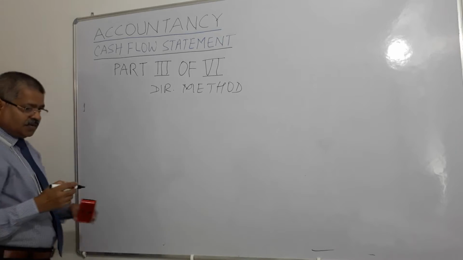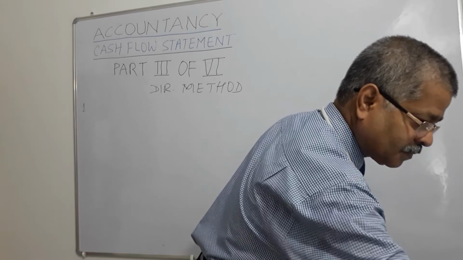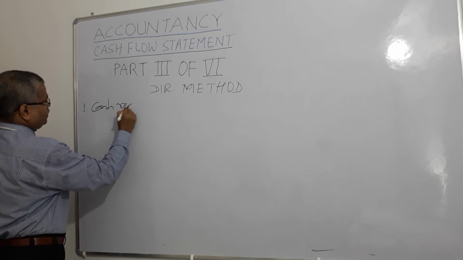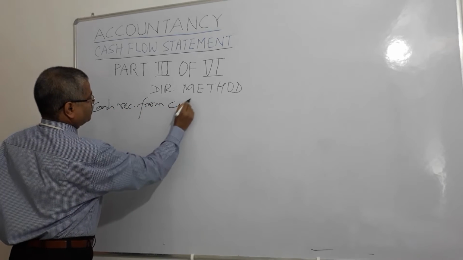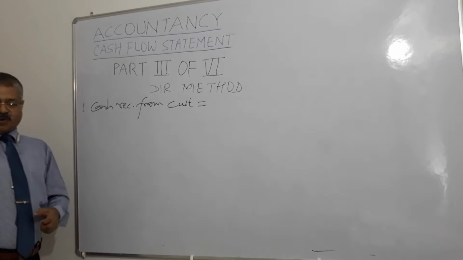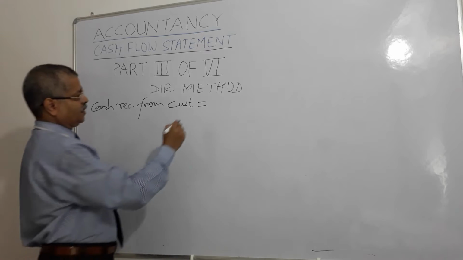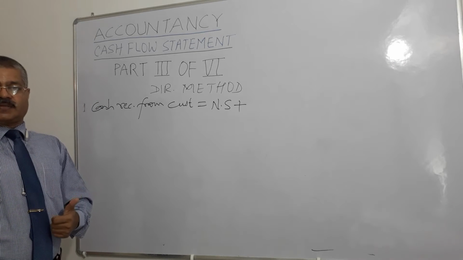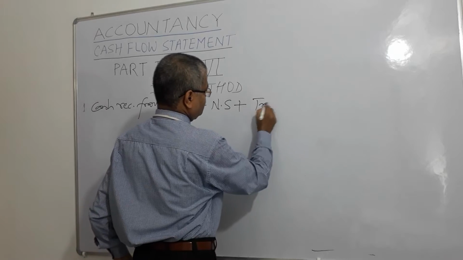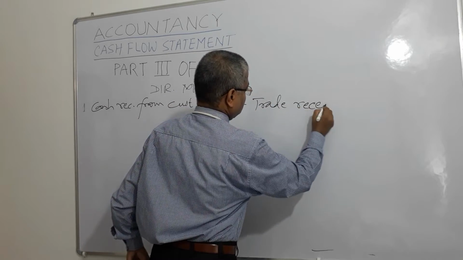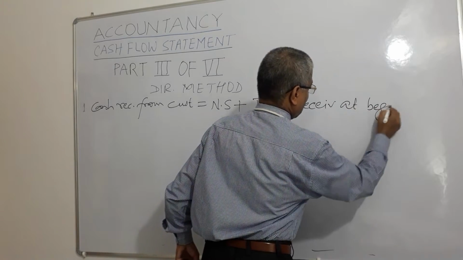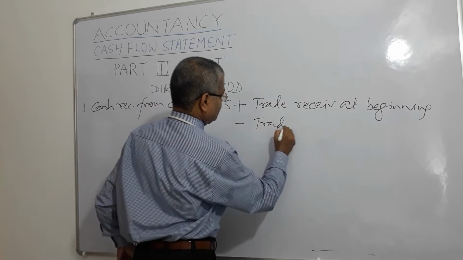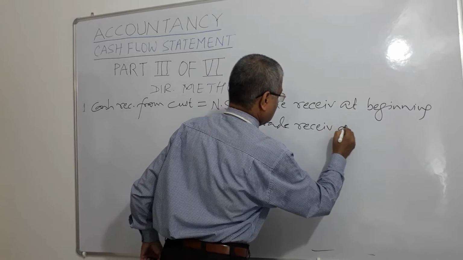Cash receipt from customer is equal to net sales plus trade receivables at the beginning minus trade receivables at the end, right?